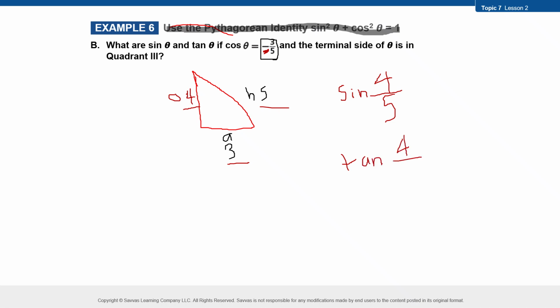Okay, so I did the work, but I am missing some detail. I don't think I'm right, but I don't think I'm wrong though. I think I'm right. Sine is 4/5 and tangent is 4/3.